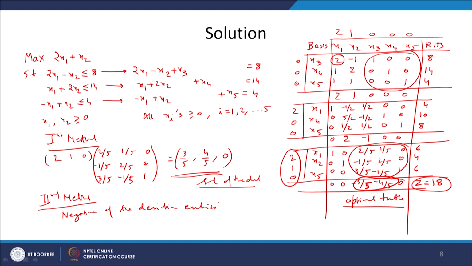So, therefore, here again what do we find? We find that the solution is y1 is equal to 3 by 5, y2 is equal to 4 by 5 and y3 is equal to 0, solution of the dual. So, I hope everybody has understood the relationship between the solution of the primal and the solution of the dual.